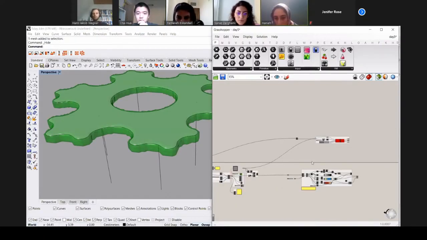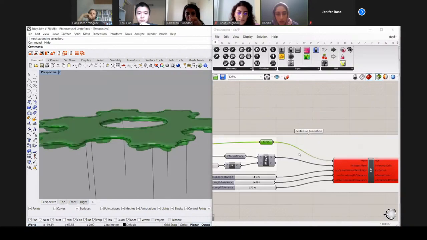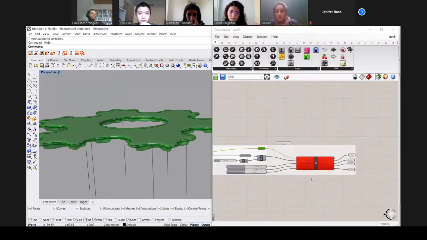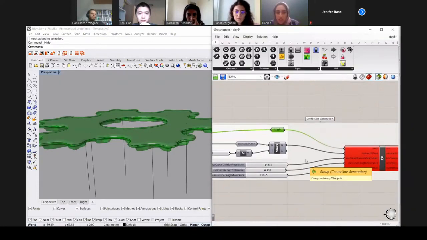This is my mesh, and I don't know. This is just my problem. For example, this code is working on my friend Farzana's laptop, but it's not working on my laptop. I don't know what the reason is.